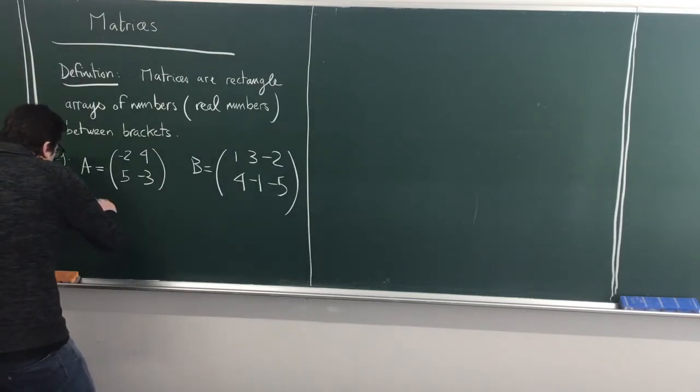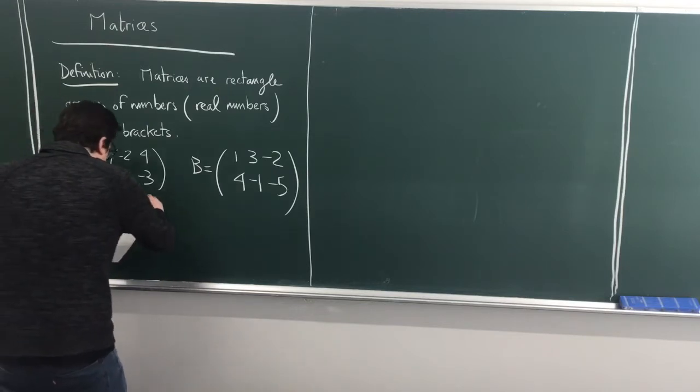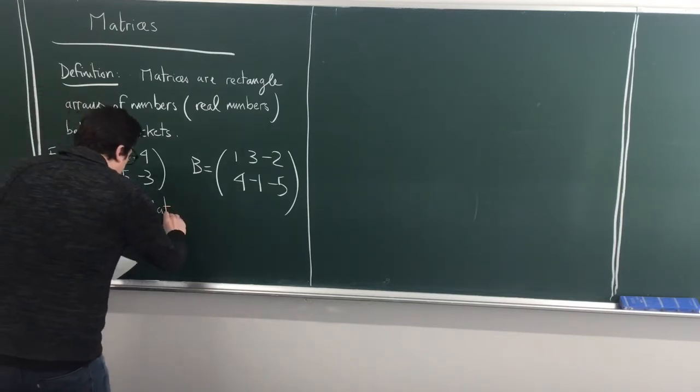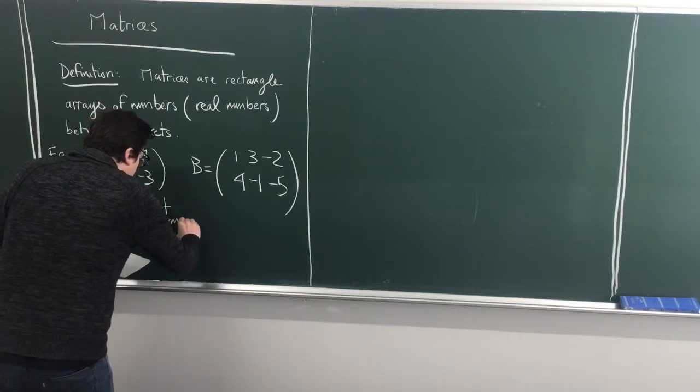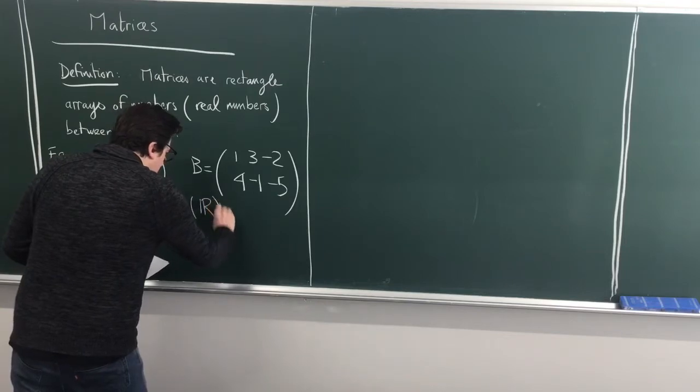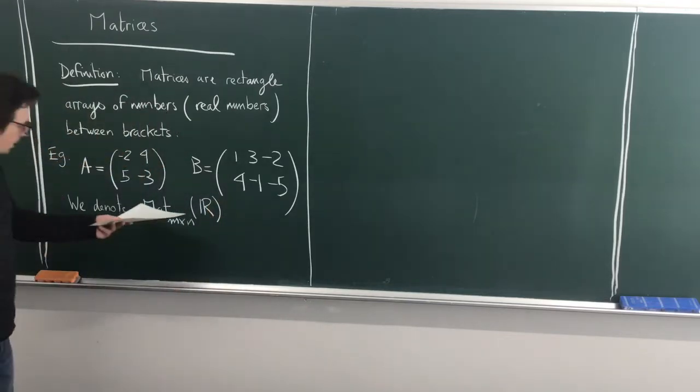Now, we denote Mat with subscript m times n with coefficients in R, okay?